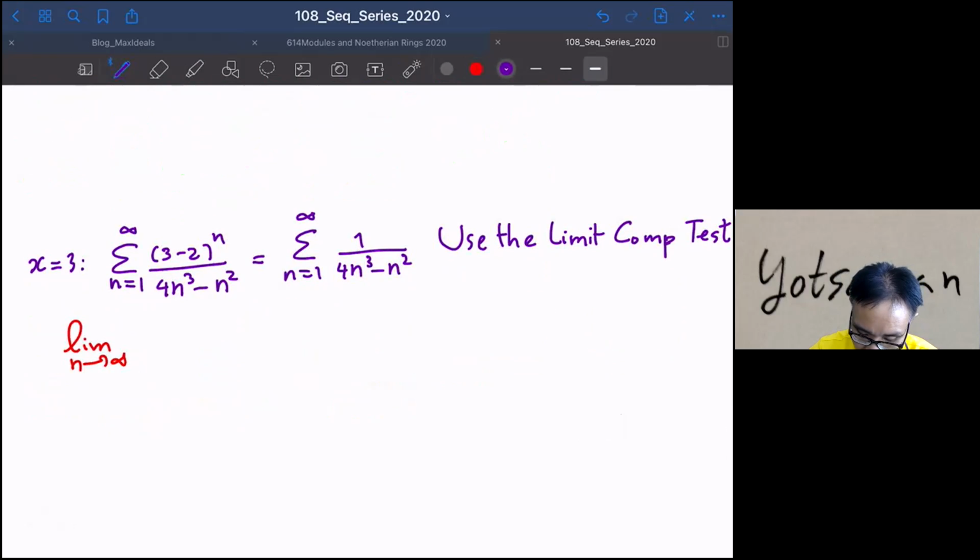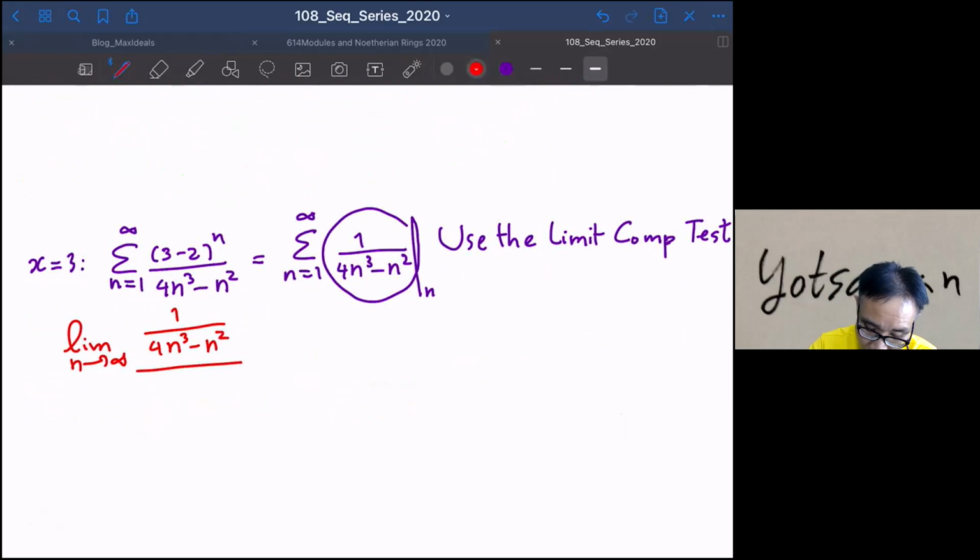This one becomes your a_n, 1 over 4n to the third minus n squared, and you need a b_n so that you are able to compute this limit.